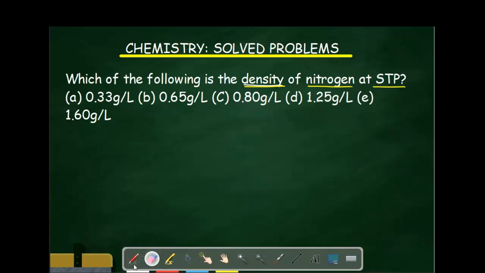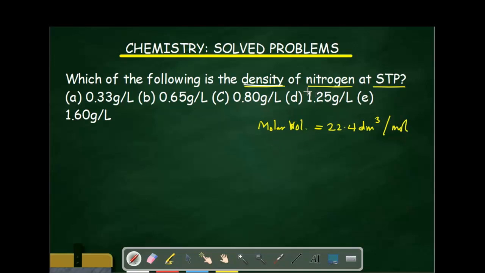Some of the very important key points that we have noted is that 22.4 dm cube per mole is what we call the molar volume. It's very important, you should note that.